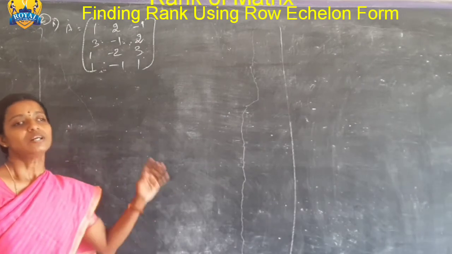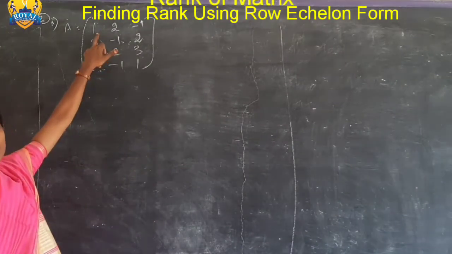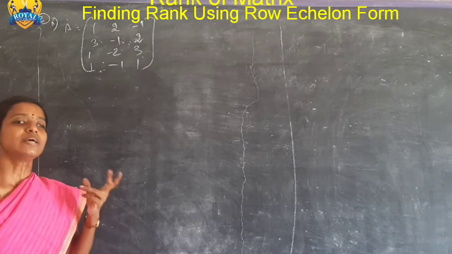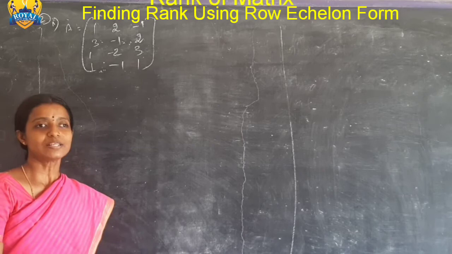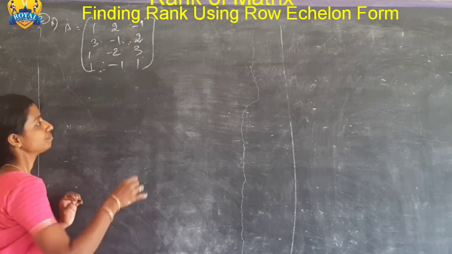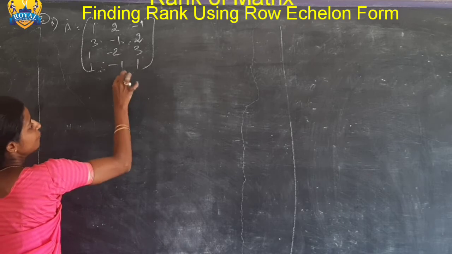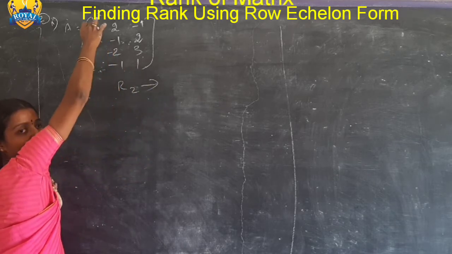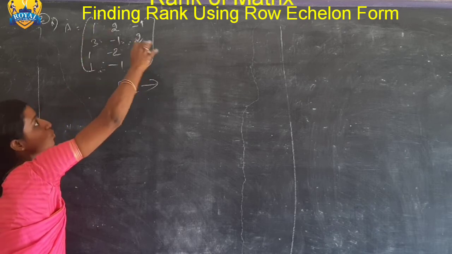Now, what elementary operations can I do here? I have the smallest element 1 in the first row, first column. What operations can I perform to bring this matrix to a row echelon form? In R2 I have 3. If I multiply this 1 by 3 and subtract from R2, I can bring this 3 to 0.